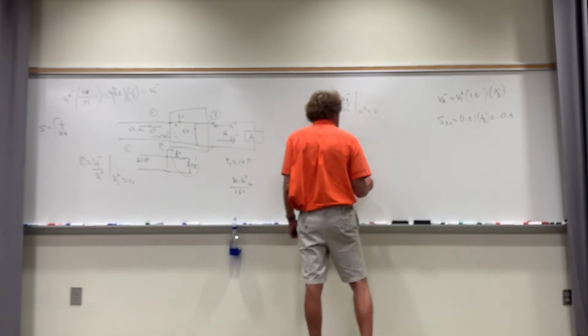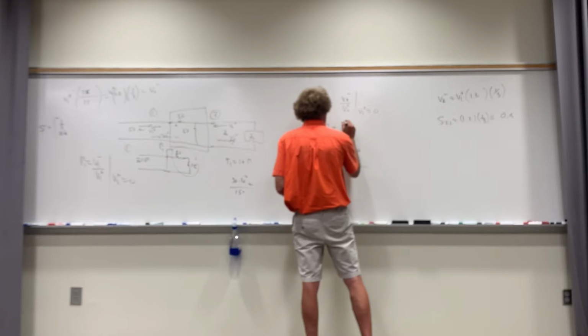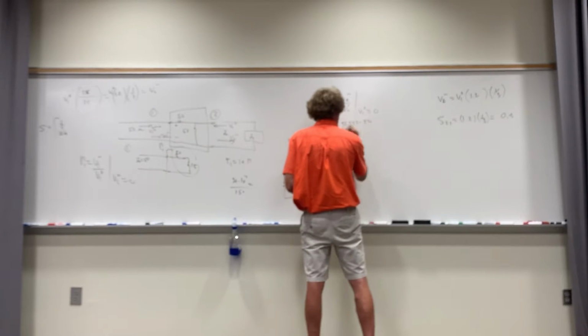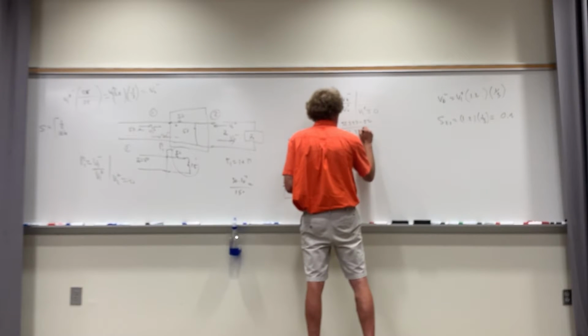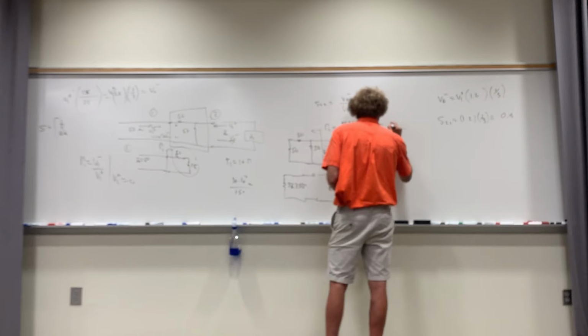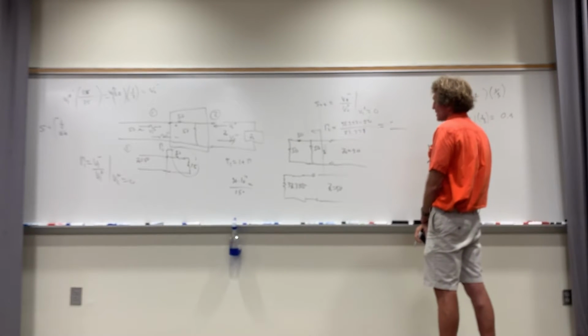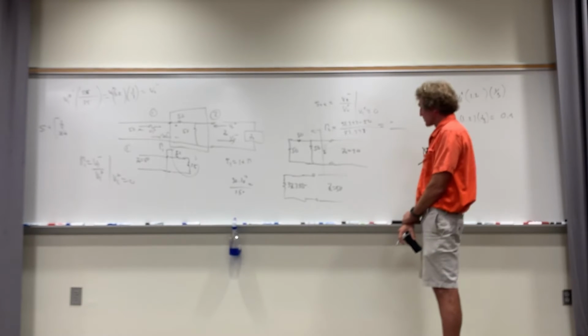And that makes the reflection coefficient here equal to (33.333 minus 50) over 83.333. And that's negative what? That's negative 24.6666 over 83.33.